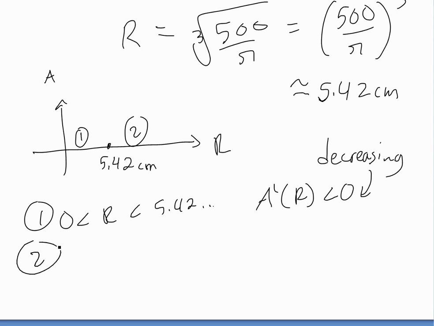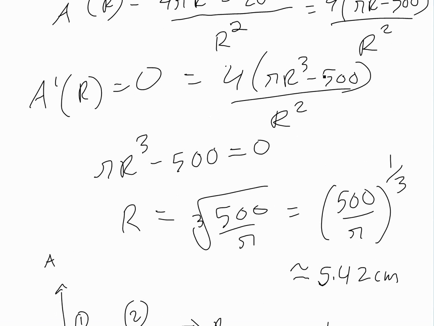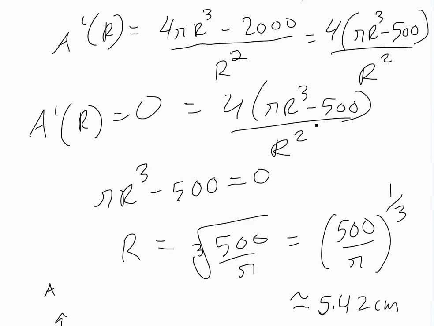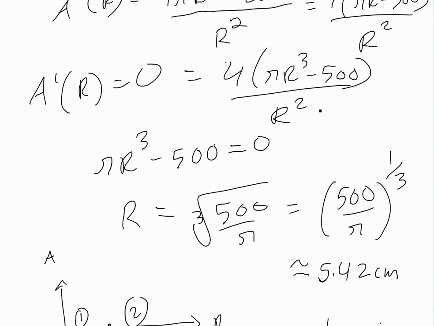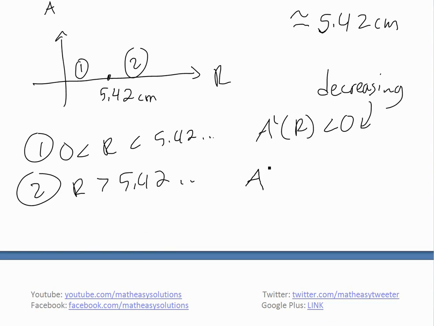Now if we look at the second interval, where r is greater than 5.42, again this one is always positive, and this one is going to be a really large number. The minus 500 doesn't really affect it, so it's going to be positive. So when it's greater than that, A'(r) is greater than 0, so it's increasing.